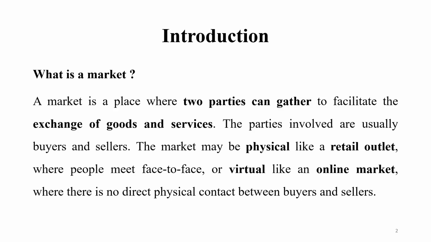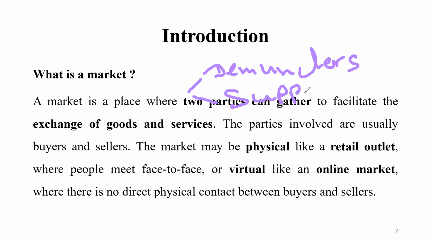So we can identify that a market is a place where two parties gather. Who are the two parties? Demanders and suppliers, or we call them sellers.